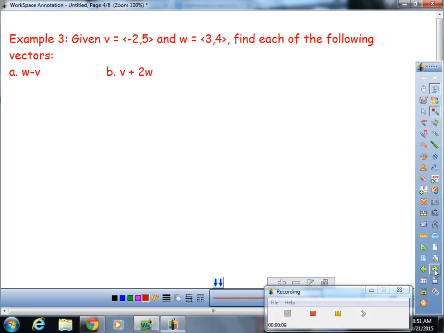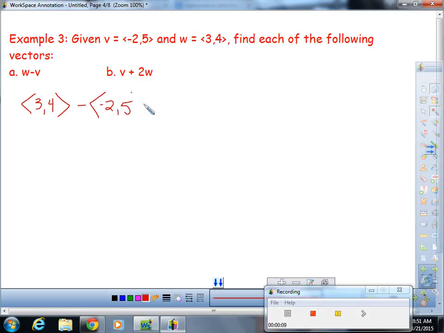All right, example 3. Given that v is <-2, 5> and w is <3, 4>, find each of the following. So w minus v. This is as easy as it seems. So w minus v is equal to <3, 4> minus <-2, 5>.